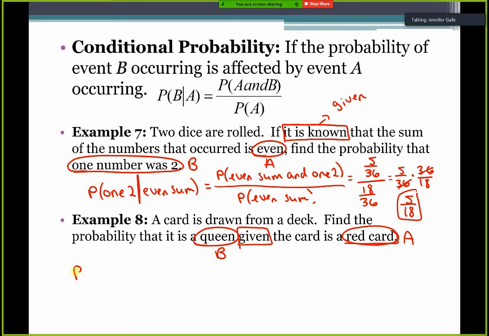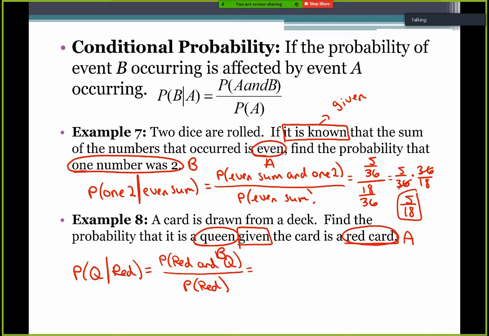So probability that we get a queen, if we already know, or it's given to us, the condition has been met, that we also have a red card. So our numerator is the probability that the card is red and a queen, divided by the probability of the thing that we know, yes, this has happened.